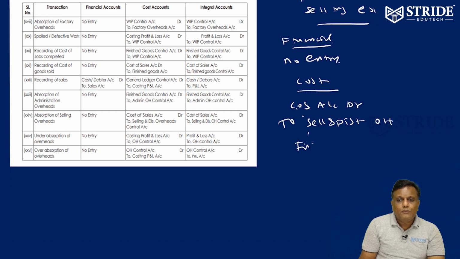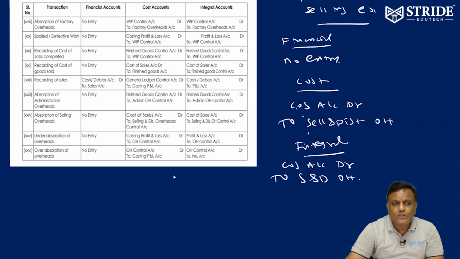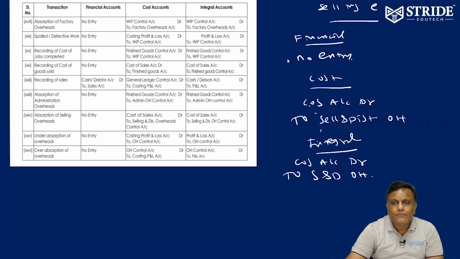Next, integral books. There is no financial entry. What will be the cost entry? Same in integral entry. So cost of sales account debit to S&D overhead, selling and distribution overhead. This is transaction number 24.